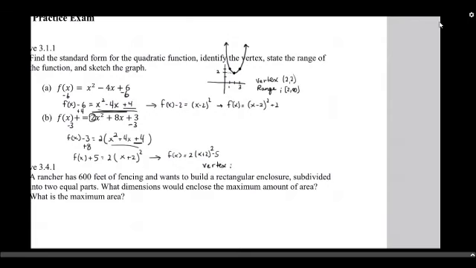Now the vertex, if we use the transformations, this moves it 2 to the left, and that minus 5 there moves it down 5. So the vertex is negative 2, negative 5.